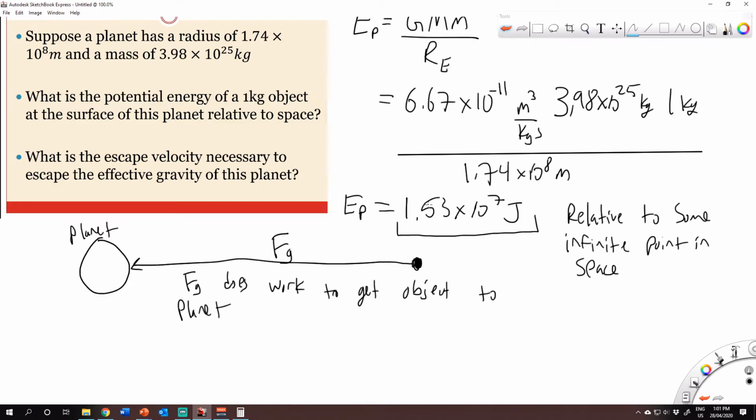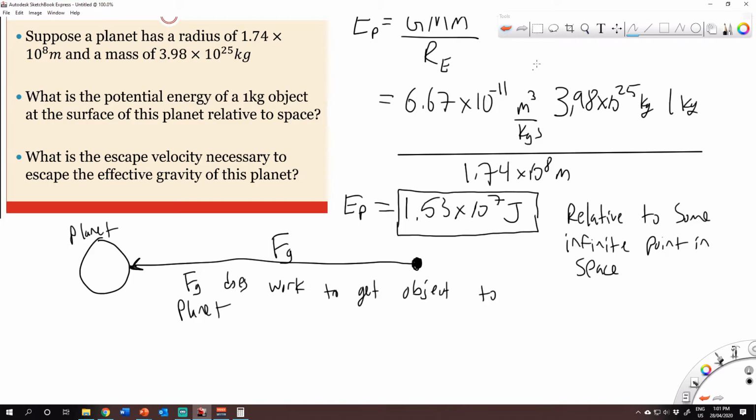And the sum of all the work that this force of gravity has done translates to this. That's how much potential energy this object has gained, or how much work gravity has done on this object to get it from somewhere infinitely far to itself.